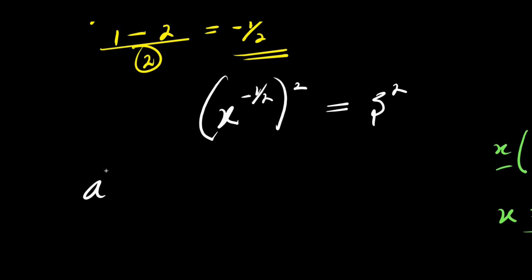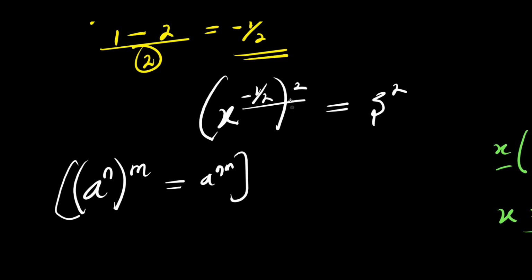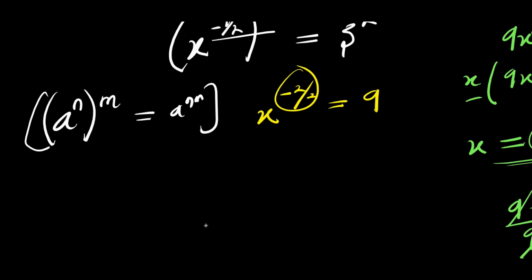So if you have a power m raised to the power of n equals a power m times n, I can multiply this exponent. I will simply have x power negative 2 divided by 2 equals 3 power 2 is 9. So negative 2 divided by 2 is negative 1. That is x power negative 1 equals 9.